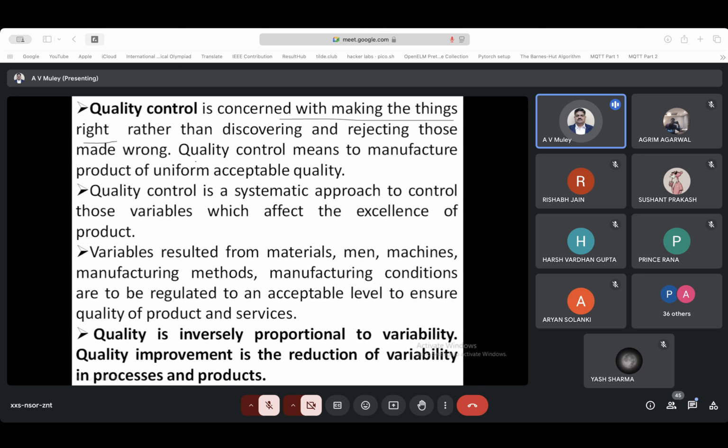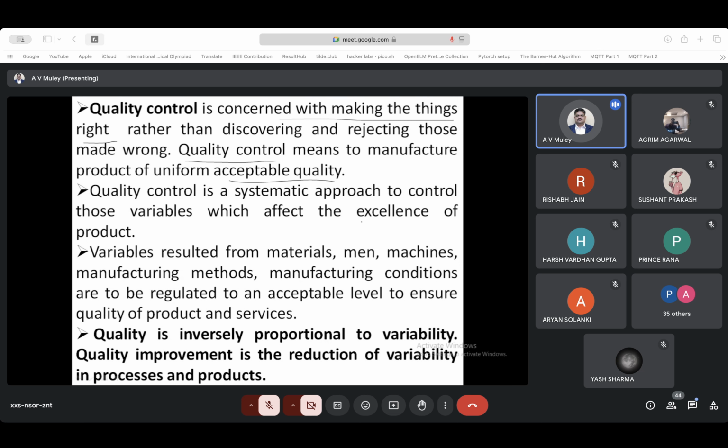So what is the purpose of quality control? It is to manufacture the product of uniform acceptability of quality. That means whatever you are going to fabricate or manufacture, or even a service, should be acceptable. So quality control is a systematic approach to control those variables which affect the excellence of the product.